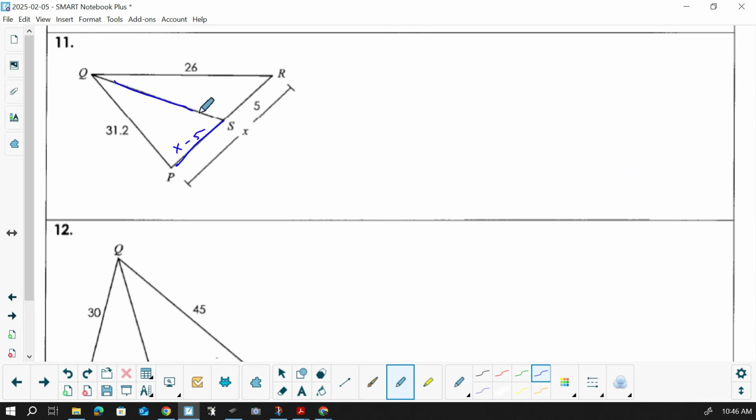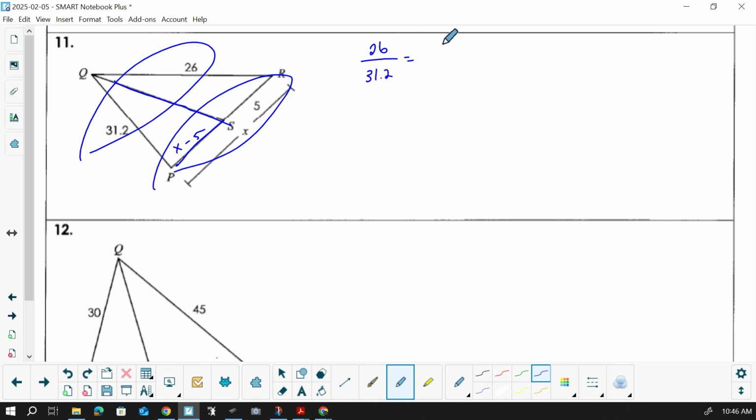All right. So there's our line. One fraction, the other fraction. So 26 over 31.2 equals 5 over x minus 5. Okay. So the 26 times the x minus 5 would be 26x minus 26 times 5, 130.